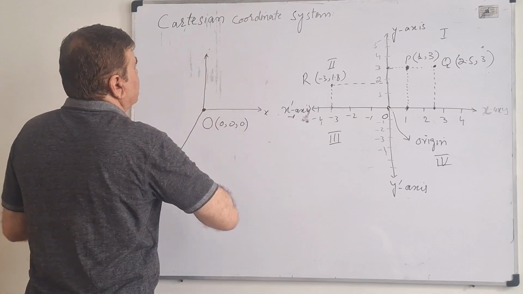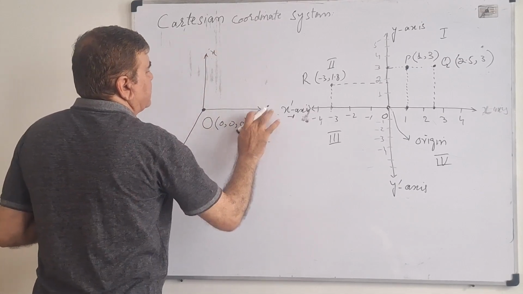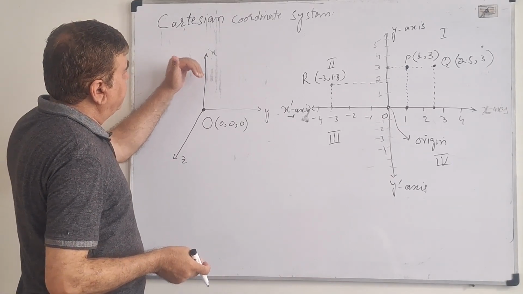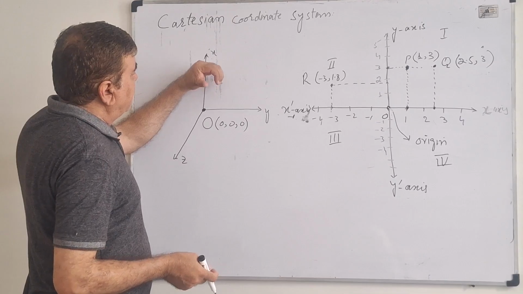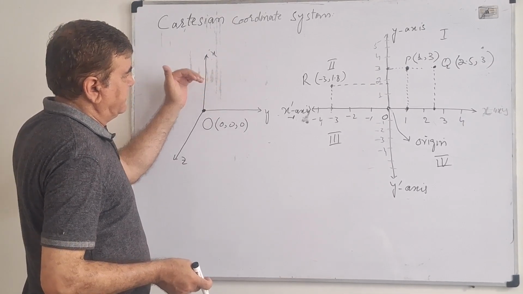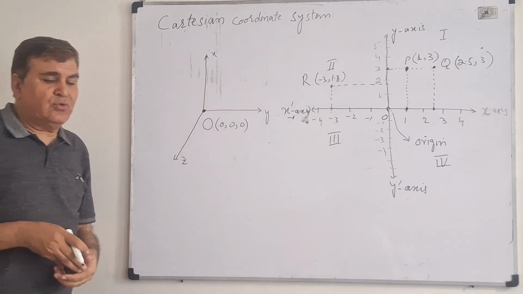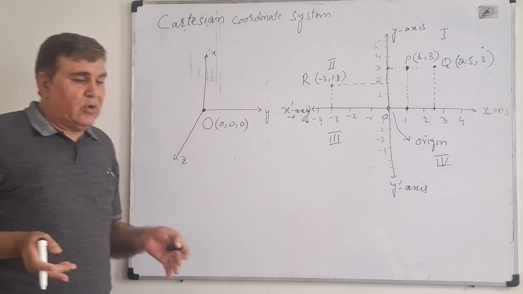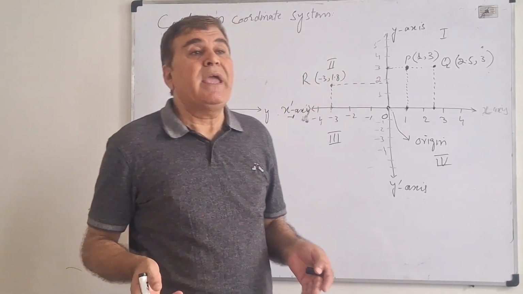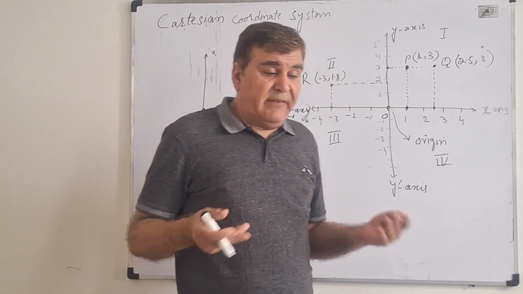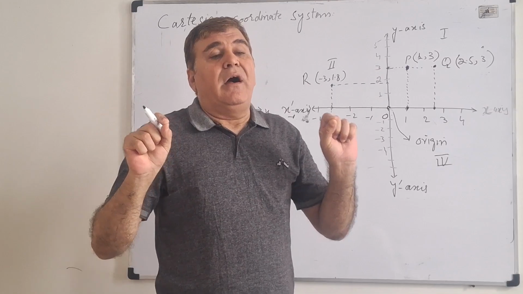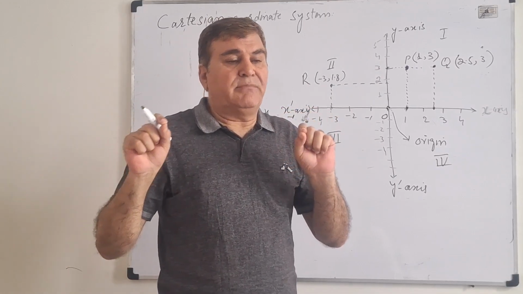And if I change this notation, curl the fingers of my left hand from x to y, and the thumb points in the direction of positive z-axis, then this system is called left-handed. So we have a left-handed coordinate system and a right-handed Cartesian coordinate system. Whether left-handed or right-handed, we always assign a triple of numbers to every point.